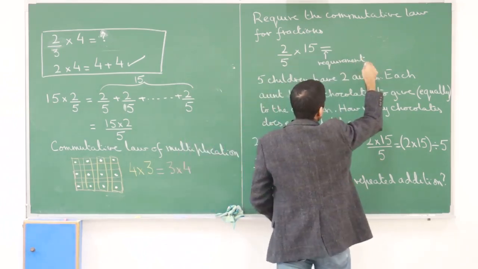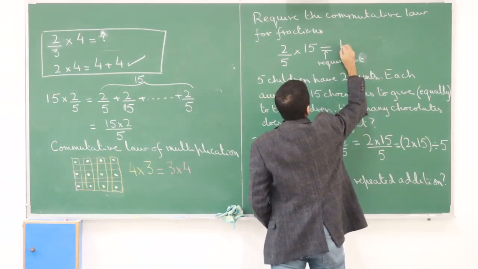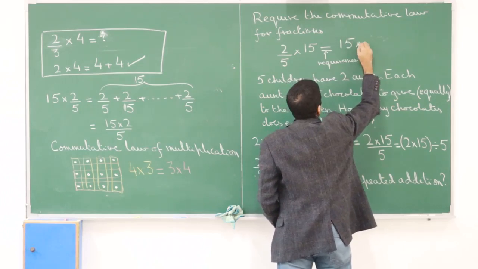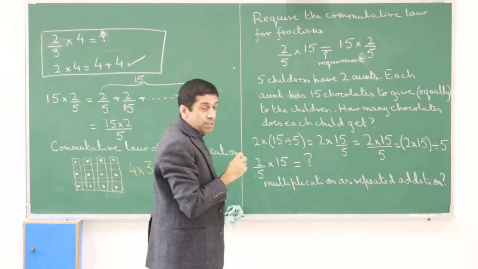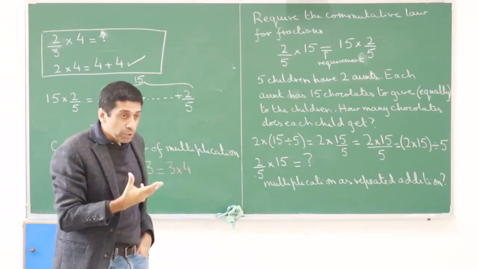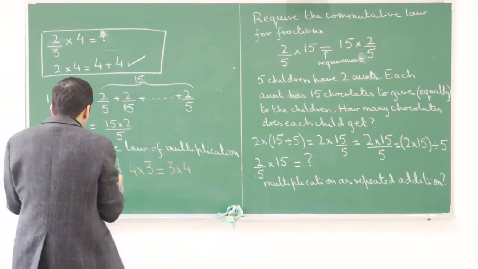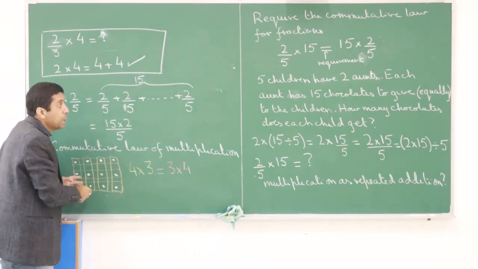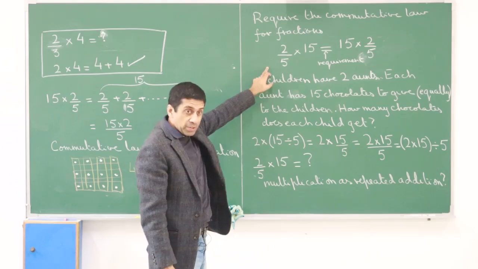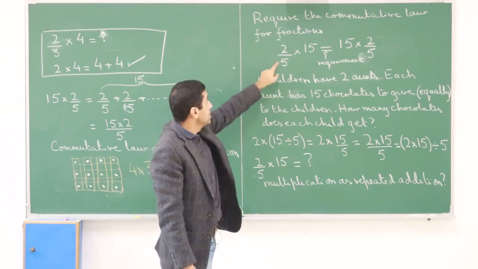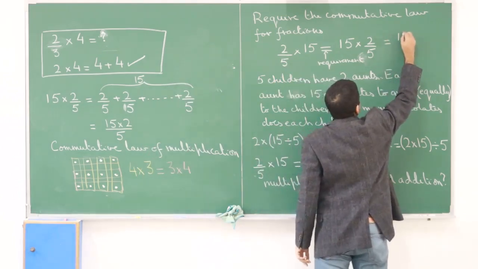So if you want the commutative law to be true, then this better turn out to be equal to 15 multiplied by 2 over 5. We proved it to be true for whole numbers, but now we like it so much, we say we also want it to be true for fractions. So then this number turns out to be equal to this number, which turns out to be this number.